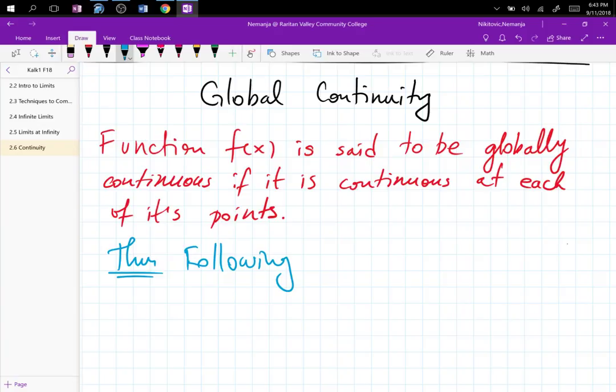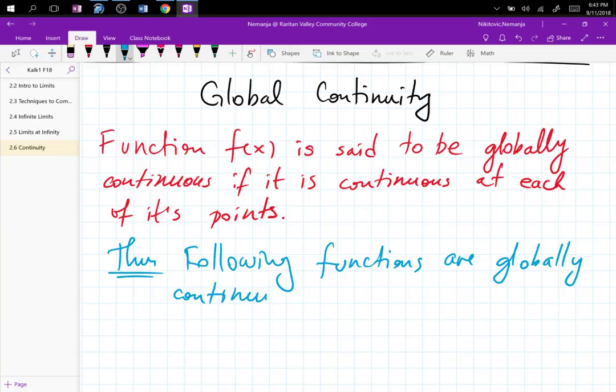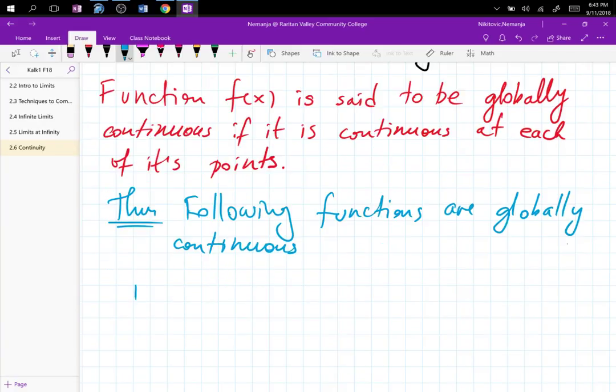The following functions are globally continuous. One, polynomials. What is their theorem number in the book?